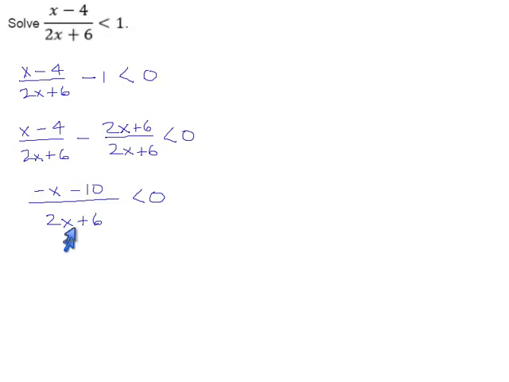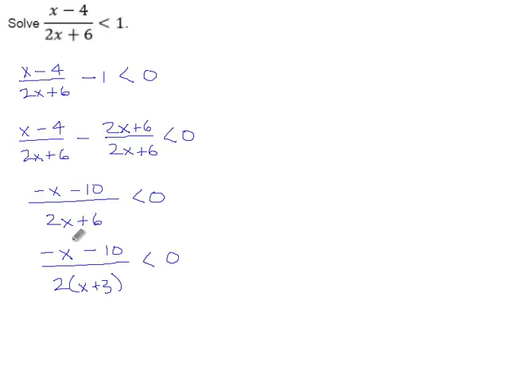This is good stuff. We can now carry on and do the rest of our steps, which would be, well, factor this, which isn't going to produce anything too exciting. We can take a 2 out of the denominator. Nothing all that big, less than 0. And now we look for what we're calling critical numbers or critical values, which are any place that this function is either 0 or undefined.